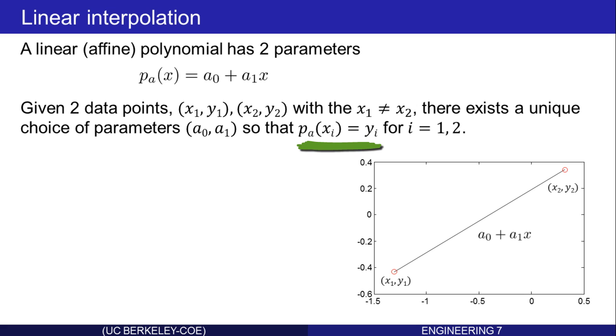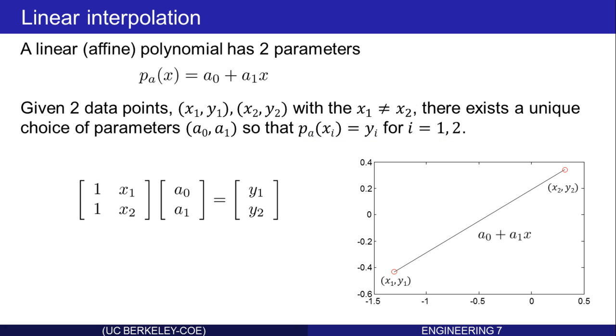Let's write out this constraint as a system of linear equations involving the coefficients a's. The first equation says that a0 plus a1 times x1 should equal y1. The second equation says that a0 plus a1 times x2 should equal y2.